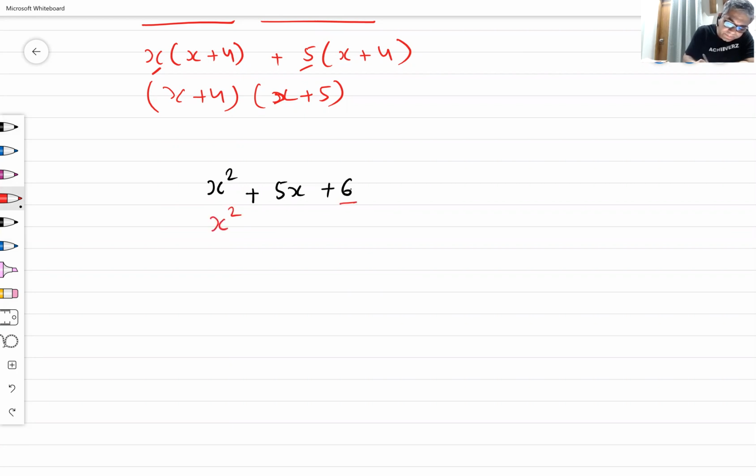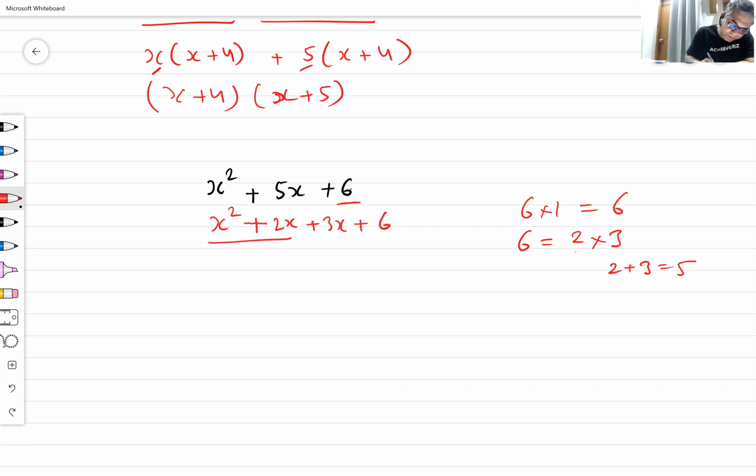So, first step, 6 into 1. So, 6 into 1 gives me 6. Now, I am going to factor this. So 6 is 2 into 3, I can write it. So 2 plus 3 gives me 5. So I can write it as x square plus 2x plus 3x plus 6.